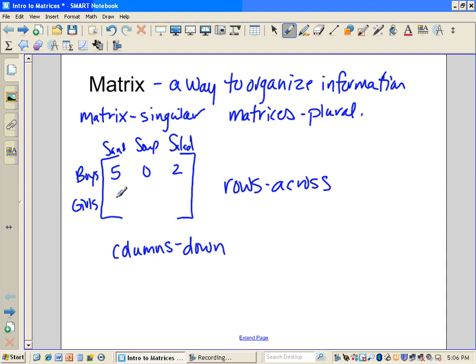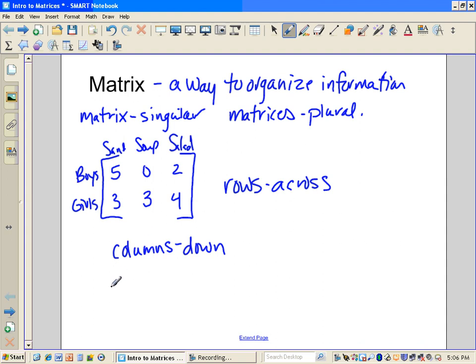Whereas with the girls, 3 wanted a sandwich, 3 wanted soup and 4 wanted a salad. Okay, so we've just organized this information into rows about boys, rows about girls, or columns about sandwiches, columns about soup, and columns about salad. So we can look at it in different ways.